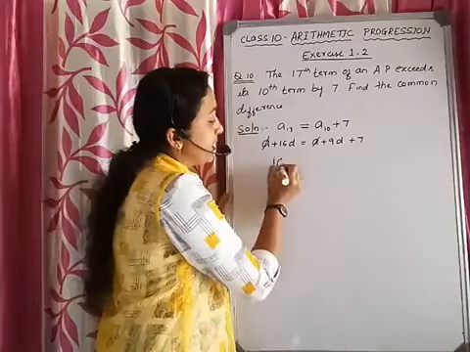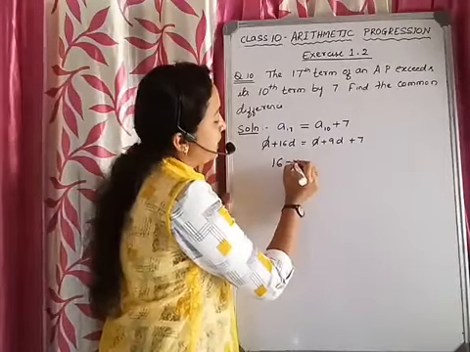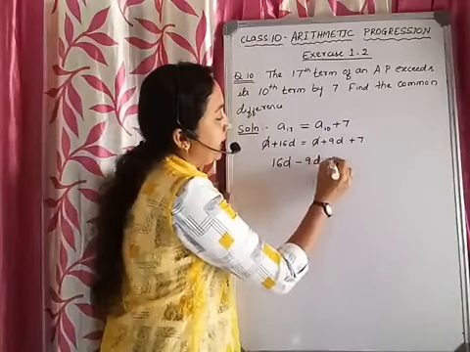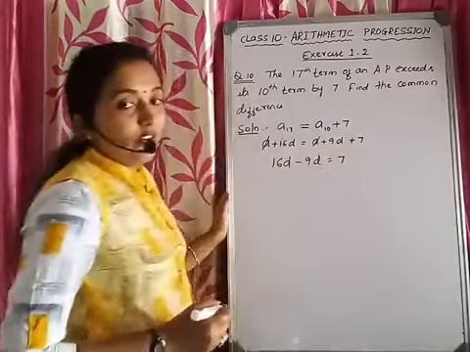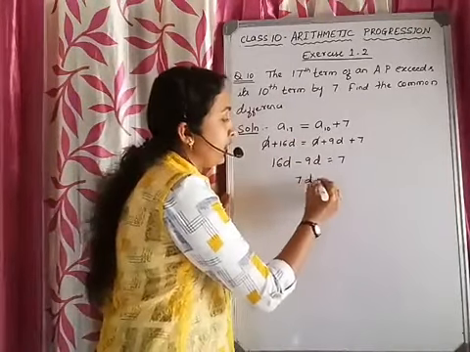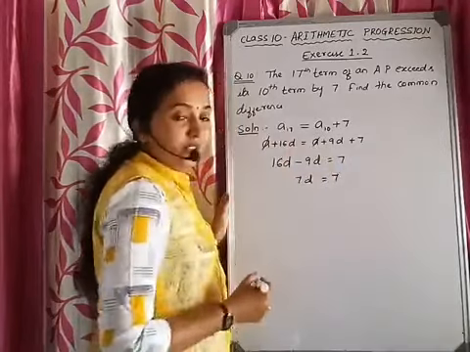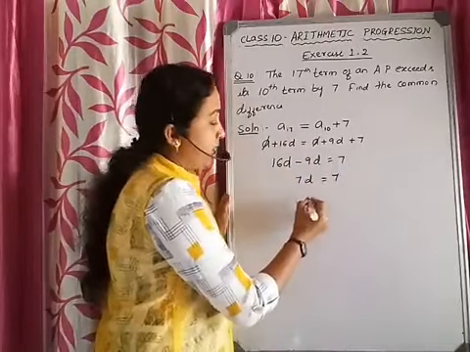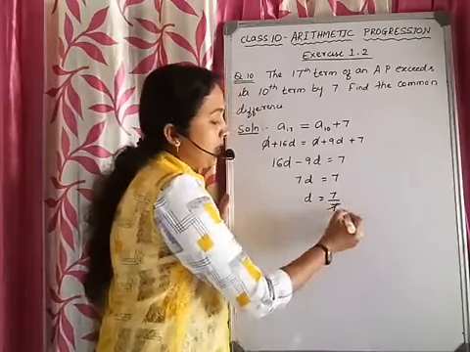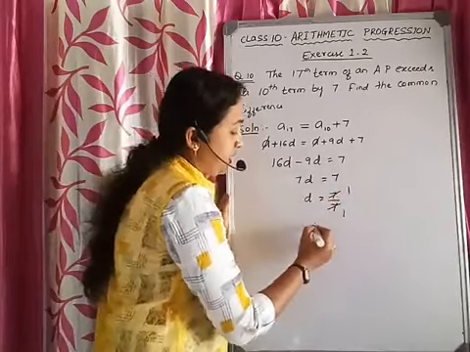Shifting to this side, this becomes 16D minus 9D is equal to 7. So 16 minus 9 is 7D is equal to 7. Shift this 7 to this side and it comes to its denominator. So 7 ones are 7, 7 ones are 7.